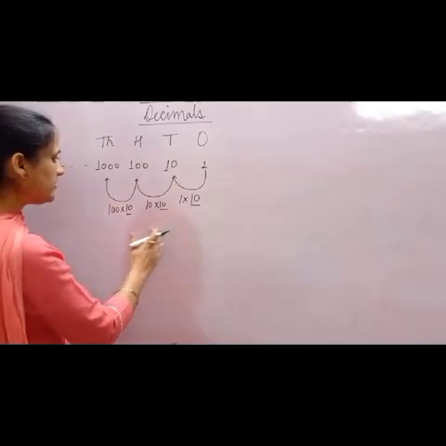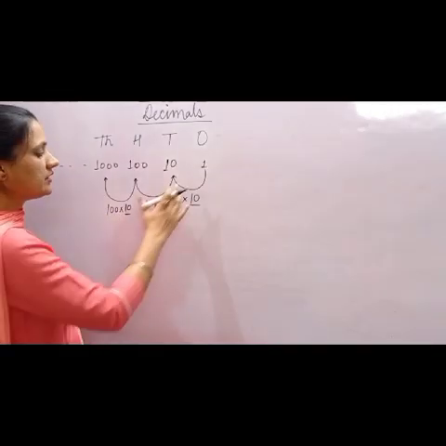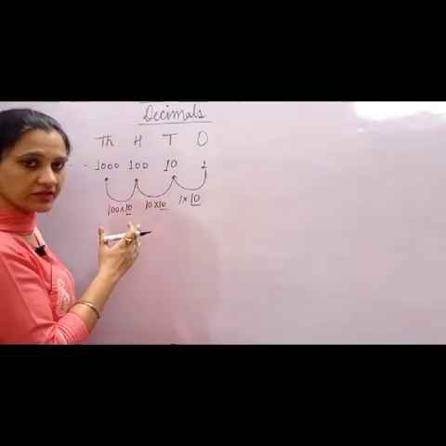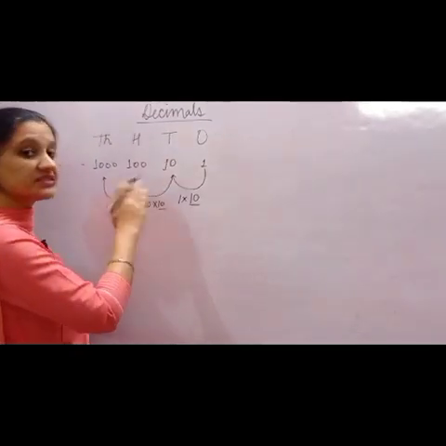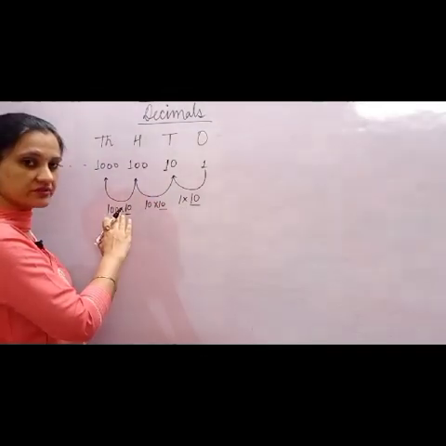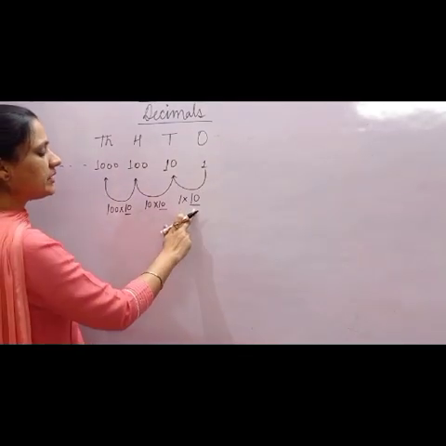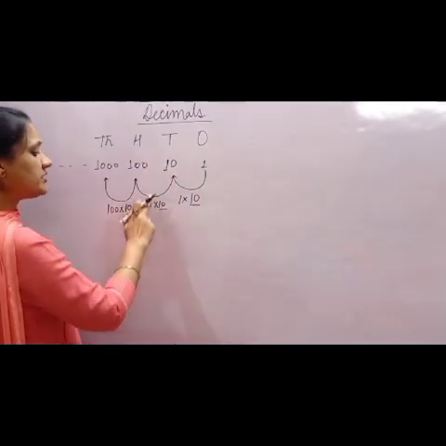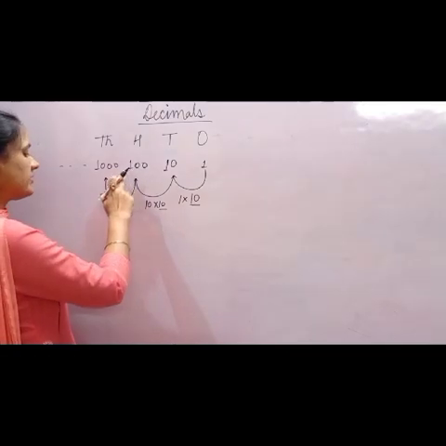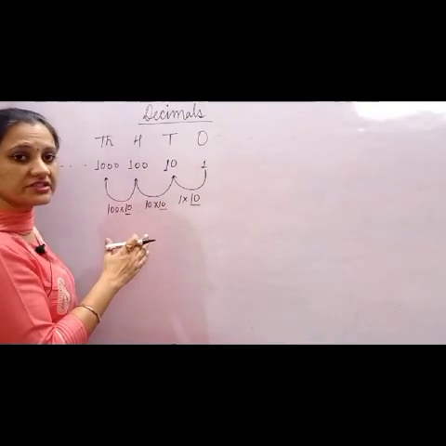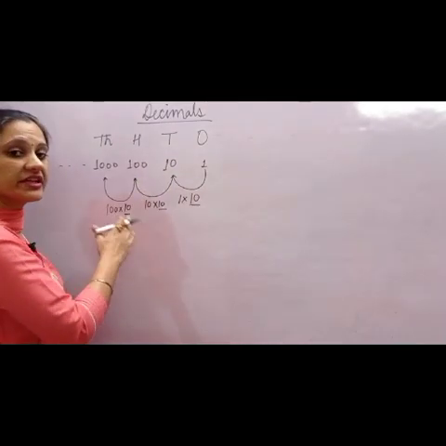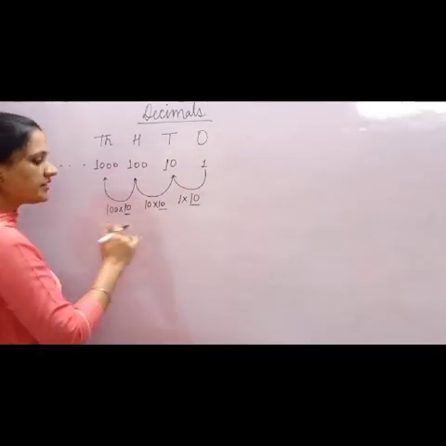So it means when you are going on the left hand side, the number becomes 10 times, right? First 1 multiplied by 10 becomes 10, 10 multiplied by 10 becomes 100, 100 multiplied by 10 becomes 1000. So every time we are just multiplying by 10 at each place, right?